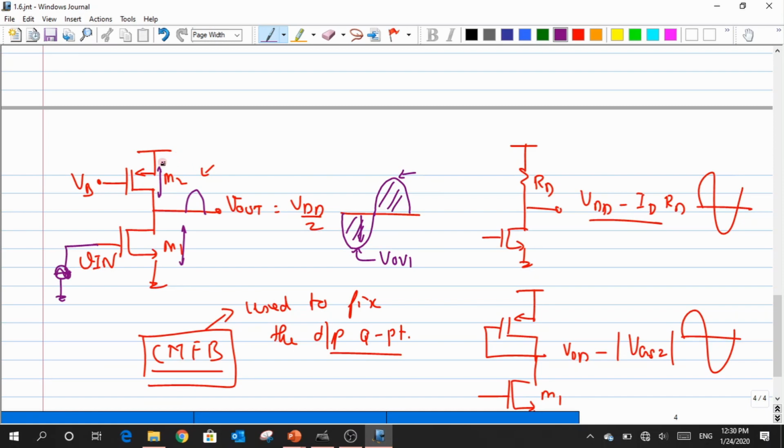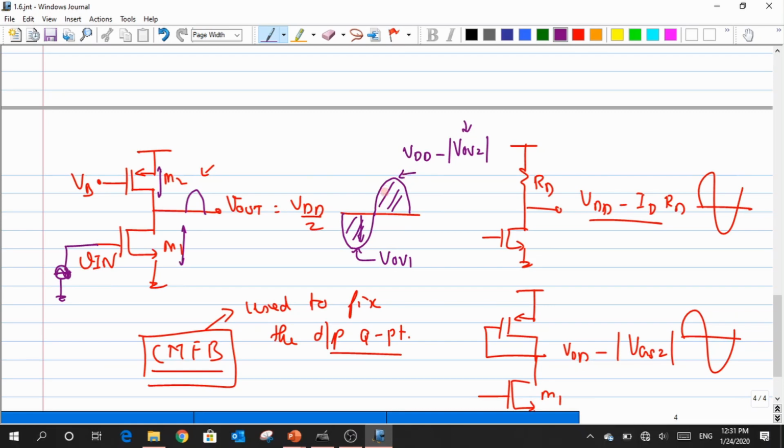Since it is read in a different way, this has to be VDD minus the modulus of VOV2. PMOS will have VOV as a negative value, but for an NMOS, the VOV value will always be positive. That's the reason I've used this modulus for this particular transistor. Any doubt in this?